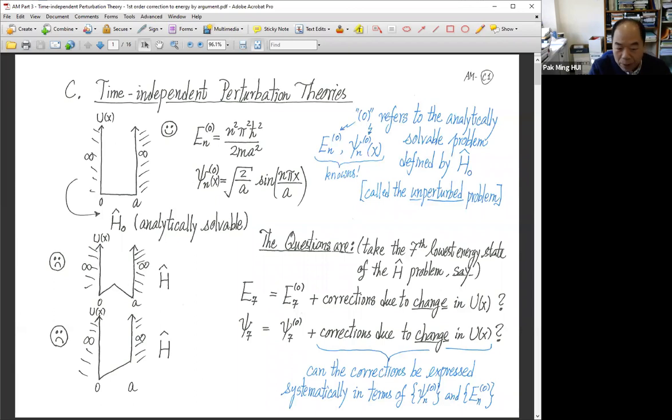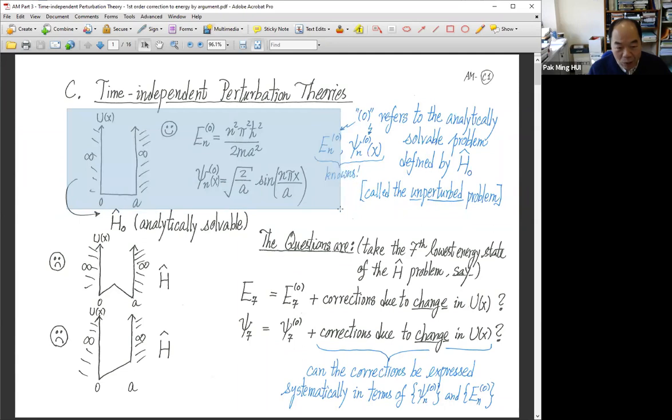First of all, in perturbation theory, we must have a labeling problem, a problem that is close to your actual problem that you know how to solve exactly. That is the first thing. For example, infinite well. We know how to solve this.